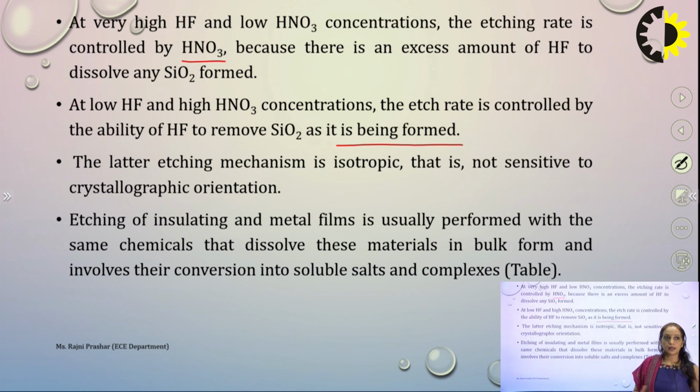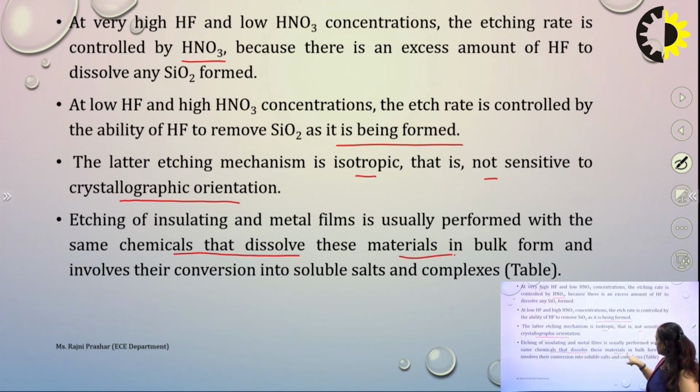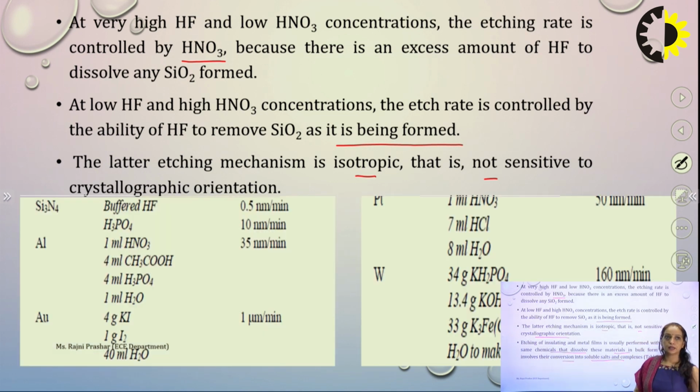This etching mechanism is isotropic, that is, not sensitive to the crystallographic orientation. The etching of insulating and metal materials is usually performed with chemicals that dissolve these materials in bulk, involving their conversion into soluble salts and complexes.